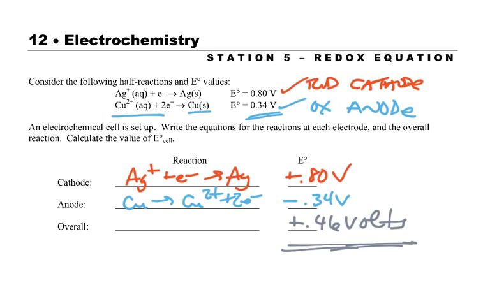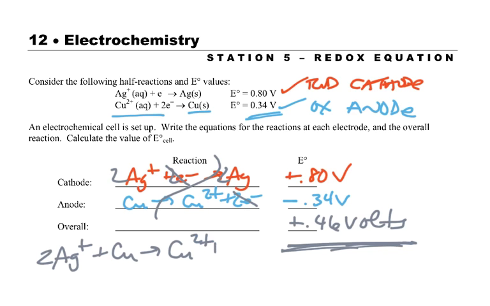Now notice we just take those numbers and do them right away. Don't mess with them. Okay, over here we're going to put these together, and to put these together we need the electrons to cancel. So we need to double this reaction. Okay, so 2 electrons, they cancel. So the overall reaction, I'm going to write it down here because I have more room, is 2Ag+ plus Cu neutral turns into Cu2+ plus 2Ag neutral.